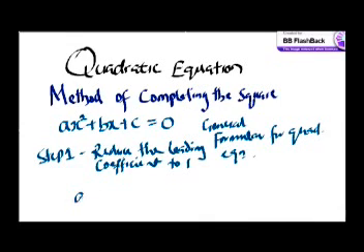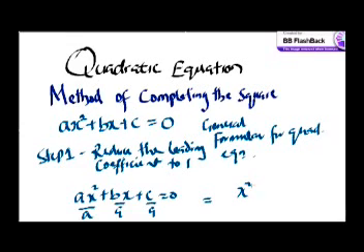So if I have ax squared plus bx plus c is equal to 0, how do I reduce this leading coefficient to 1? It's just by dividing through by the leading coefficient a. So I'm going to have x squared plus b over a x plus c over a is equal to 0. The leading coefficient here is now 1.